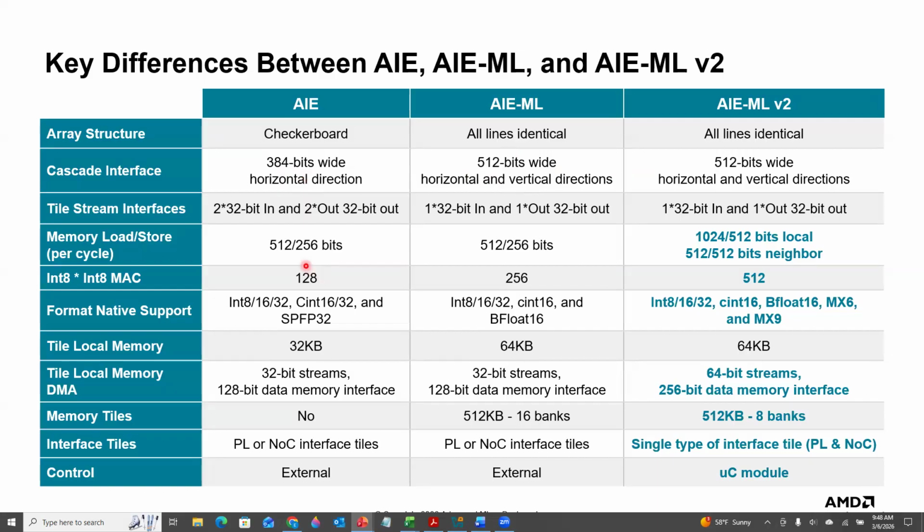The streaming interfaces in the original families, we had two 32-bit ins and two 32-bit outs. Now it's a single 32-bit in and a single 32-bit out. The memory, what can be done in a single cycle, we can basically do 256, 512 bits overall load. This is two separate 256 bits and one store. And here, that number was the same.